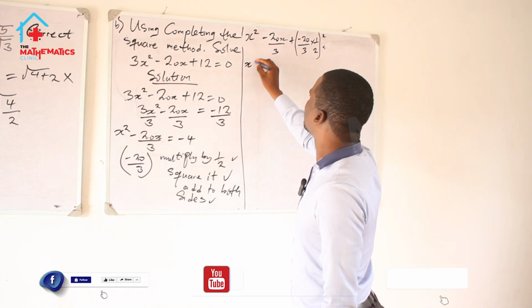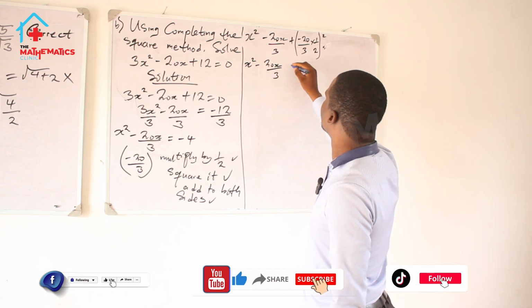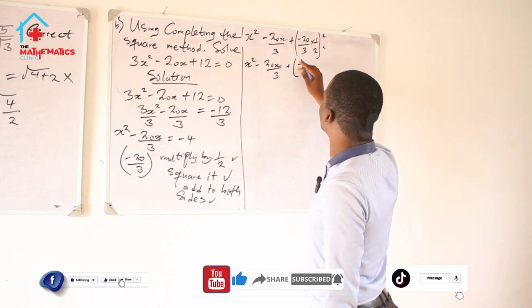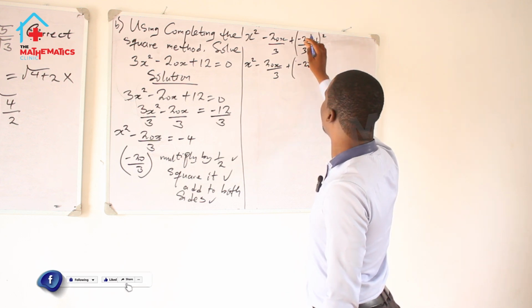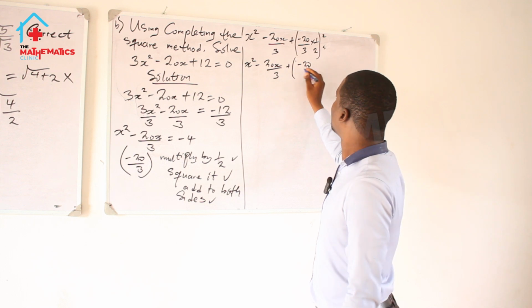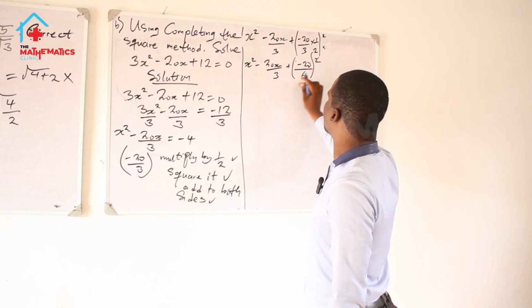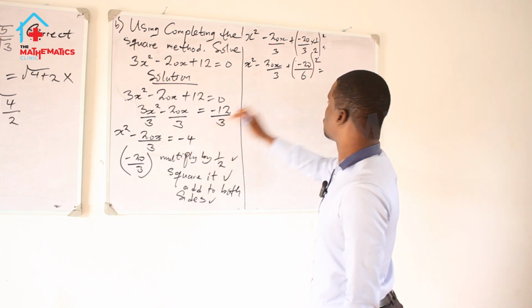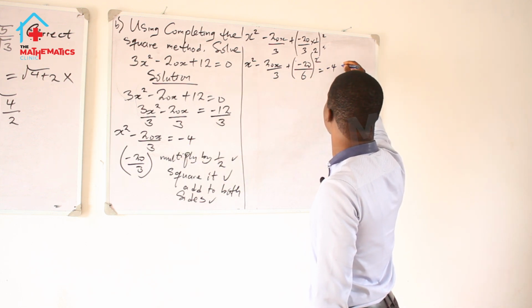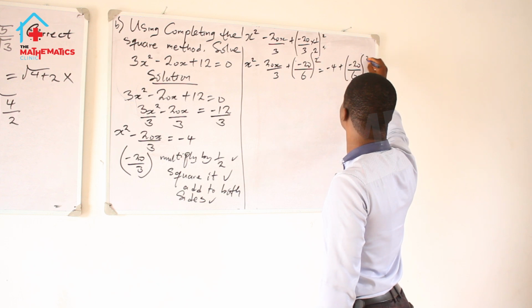Then we're going to have x squared minus 20x over 3 plus minus 20 times 1 will give minus 20, over 3 times 2 will give 6. So I'm adding this to both sides. So I'm going to have minus 4 plus minus 20 over 6, squared.